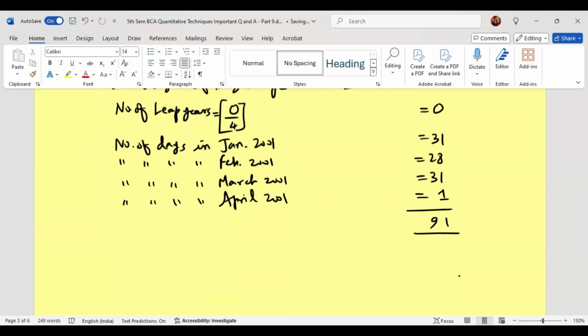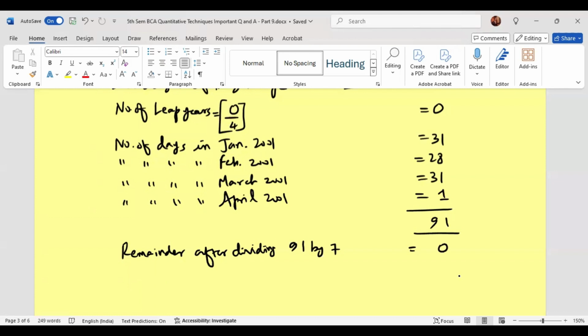The next step is the remainder after dividing 91 by 7. 91 is actually divisible by 7.